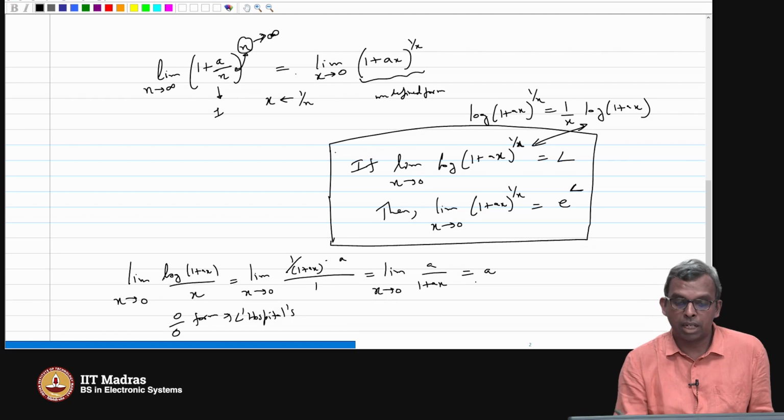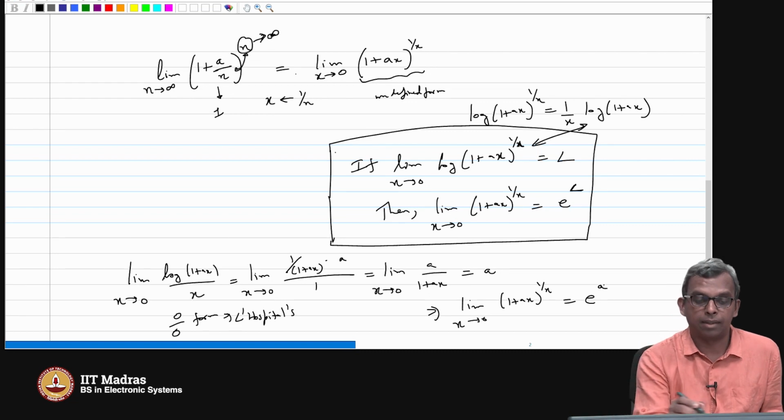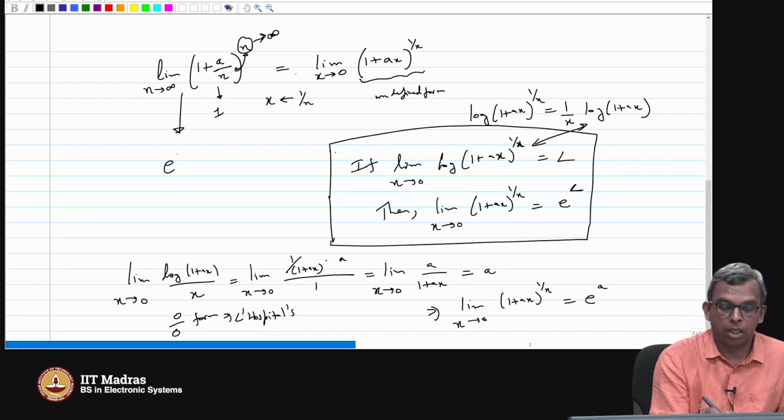Okay. So now what is the original limit? Using our result, the limit as x tending to 0 of (1 plus ax) power 1 by x equals e power a, which implies this limit is also e power a. Okay.